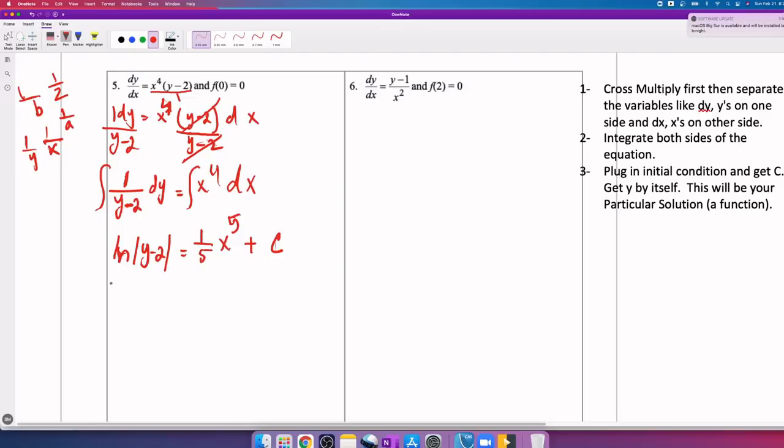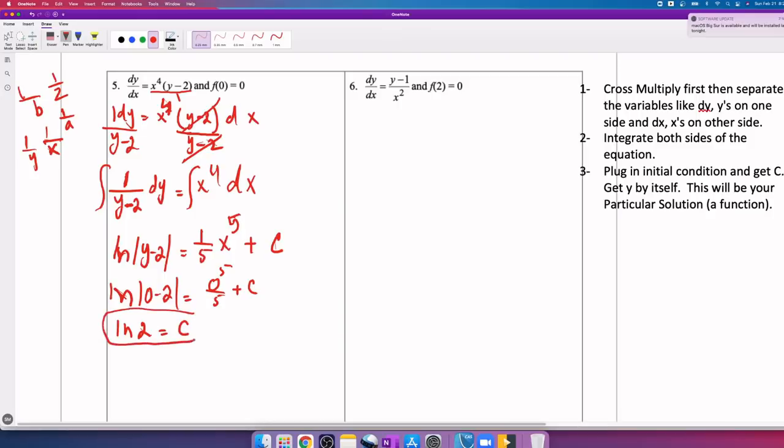Plug in my initial condition. My initial condition is y and x both 0. So ln absolute 0 minus 2 equals 0 to the power 5 over 5 plus c. Technically I got ln of negative 2, and when I take it out of the absolute value it turns positive 2, so my c is ln 2.